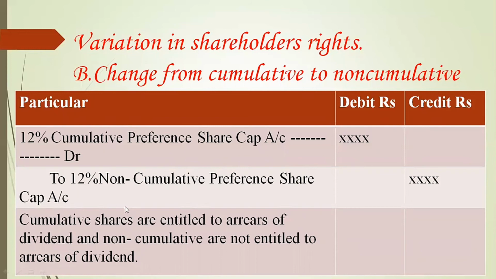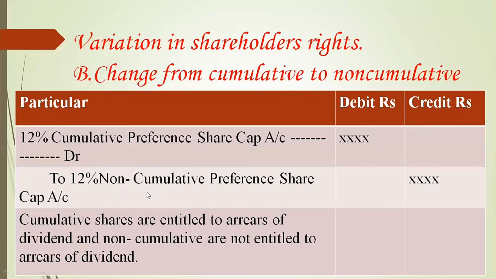Suppose a company in year one does not declare any dividend. In year two, they do not declare any dividend. In year three, they are able to declare dividend. If it is a cumulative preference share, then the cumulative preference shareholders will receive dividend for all 3 years at the rate of 12%. Suppose the share capital is 1 lakh, so it means 12,000 every year. So in the third year, they receive 36,000.